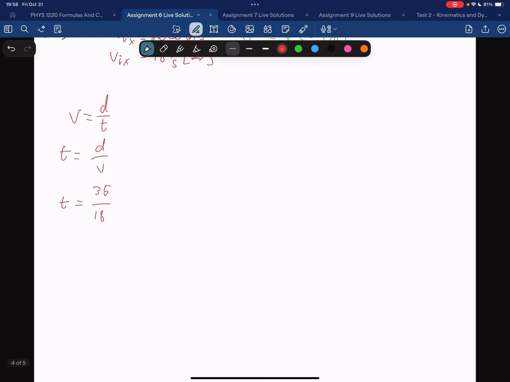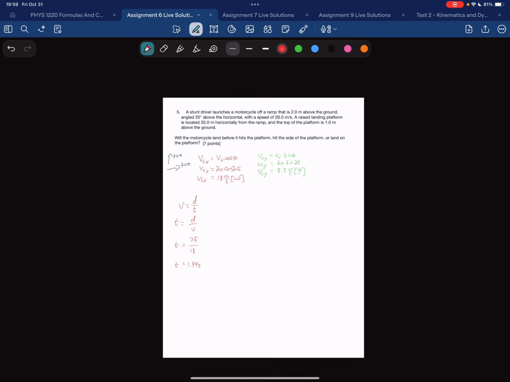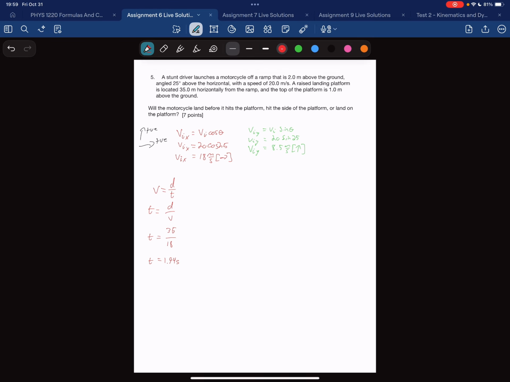Again, this is a constant velocity throughout the entire motion. And this gives us about 1.94 seconds. We're going to be able to use that later. So we know it takes 1.94 seconds for the motorcycle to leave the ramp and get to the platform. We're going to need that later.